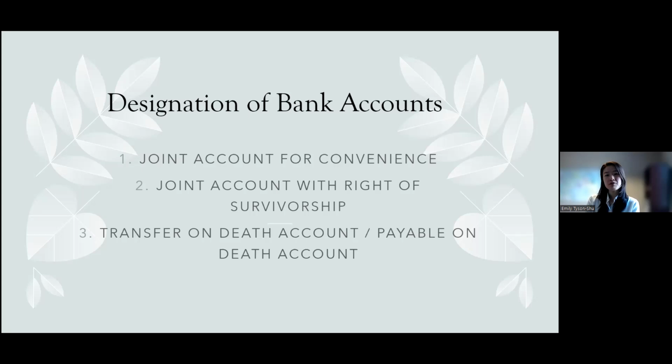Then those types of accounts are also non-probate assets. And if you're named as a sole beneficiary, then eventually, yes, those accounts can be automatically transferred to you as a beneficiary, given how the account was designated.